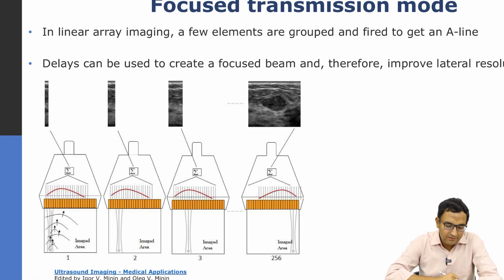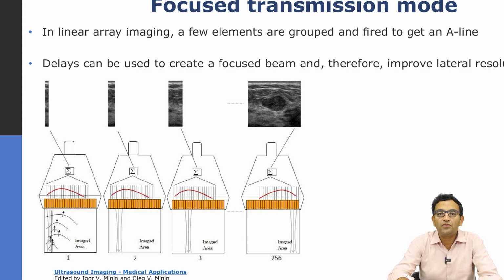Now, let us say we have an array. How do we fire the array? There are different ways of firing the array. One way is what is used in traditional linear array imaging, in which we group a few elements and we fire. We had an example in a prior lecture where we said that let us say we have a 128 element array and we group 32 elements and we fire, then we shift by one element and fire again.